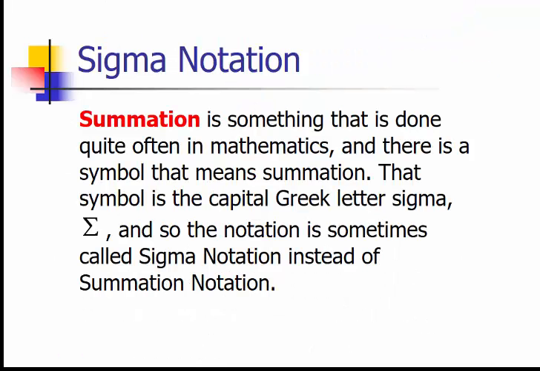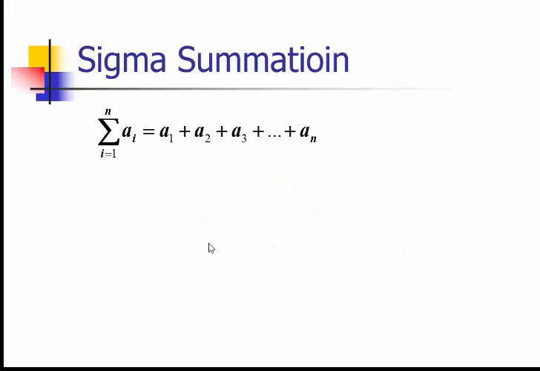Sigma notation is used to represent the formulas for standard deviation and variance, and it uses summation notation. Summation is something that is done quite often. The symbol that means summation is the Greek letter sigma. This is the uppercase sigma, and it's sometimes called sigma notation. This says I'm summing up all of the a sub i's where i takes on values from 1 to n.